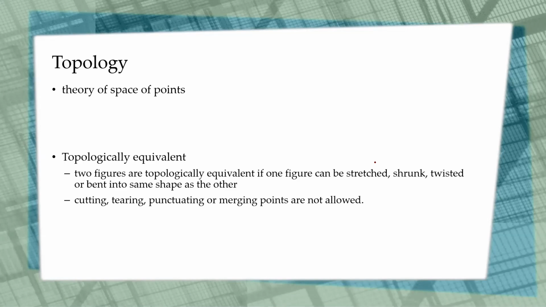Pwede nyo siyang gawing cube. Tama? And in that way, we can say that they are topologically the same. Remember, yan lang ang pwede natin gawin. Hindi natin siya pwedeng bawasan. Hindi natin siya pwedeng dagdagan. It's only stretch, shrink, twist, or bend. Okay? Then they can be considered topologically equivalent.